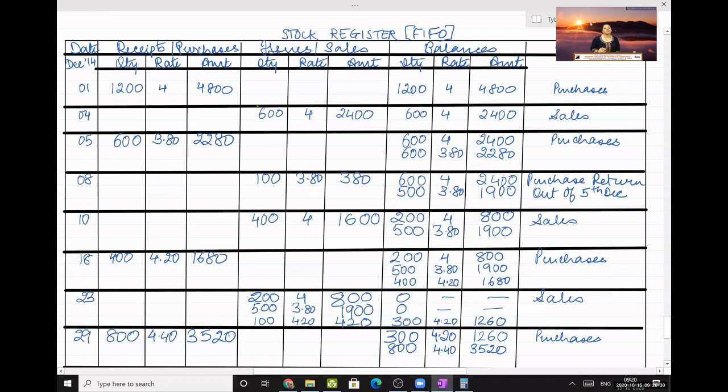Now students, carefully listen about this particular transaction. On 8th December there is a purchase return, as I explained earlier.